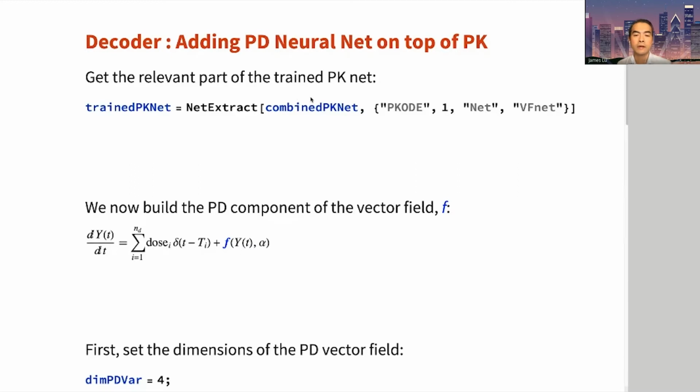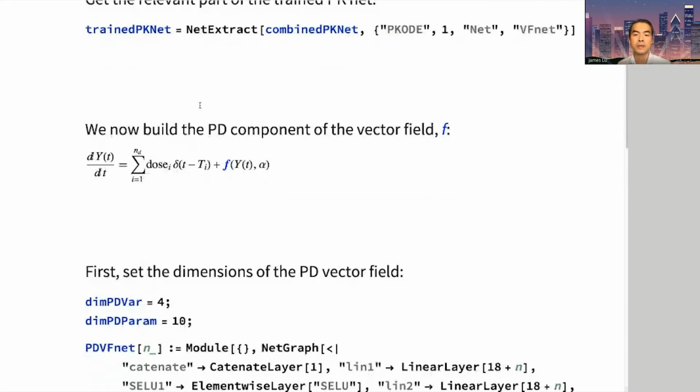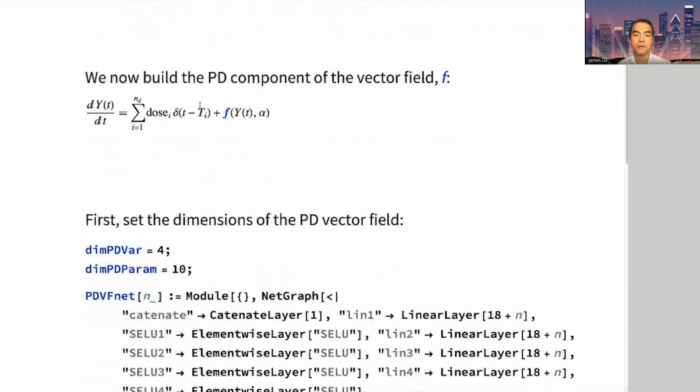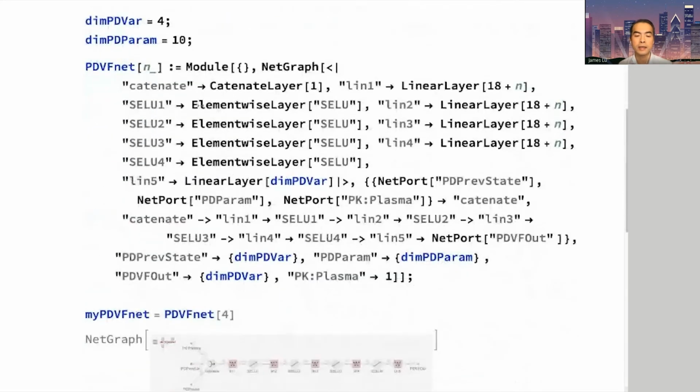And now, our task is to build the PD component, which we do following a similar recipe as for the PK, namely by first specifying the dimensions of the network and then constructing a NetGraph. So this network is visualized at the bottom of this plot here.